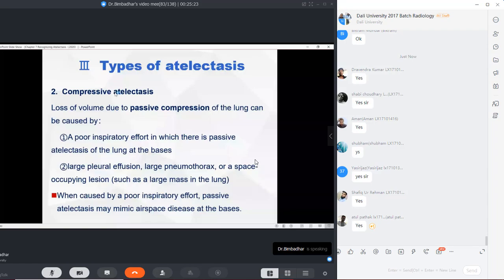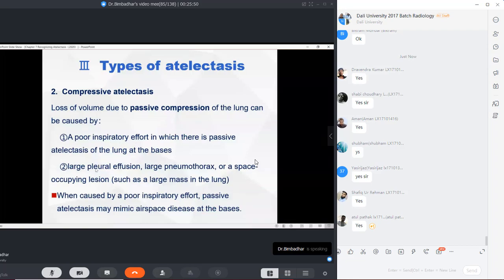There is a mass which pushes on the area surrounding it anatomically, right? The area will be pushed and there will be counteractive compression, which is your passive compression, which can cause the patient to have a poor inspiratory effort.